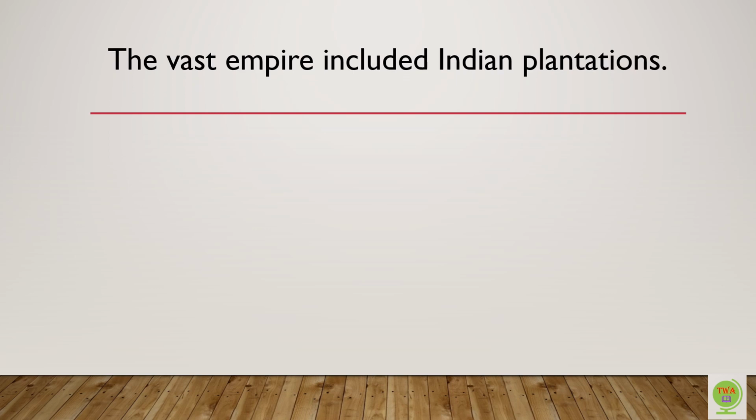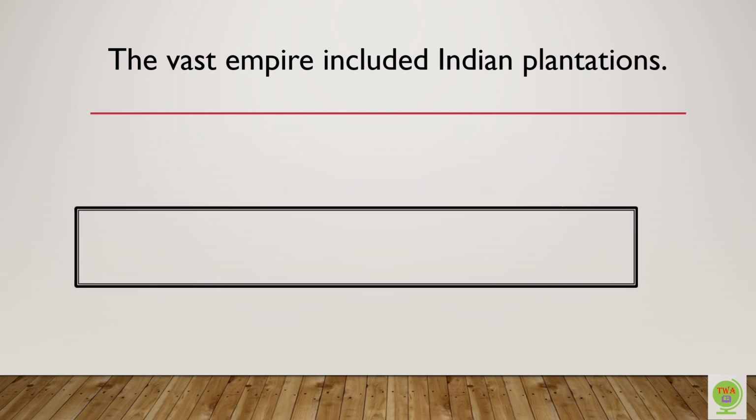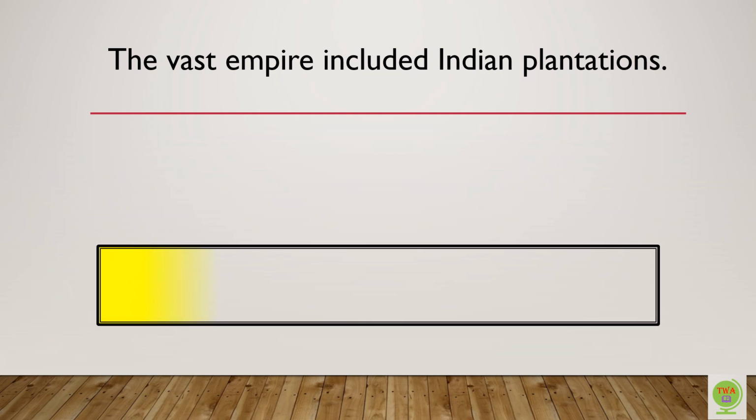Our next sentence, the vast empire included Indian plantations. Can you please tell me what type of adjective we have? Okay, timer starts now. What do you think is the answer?